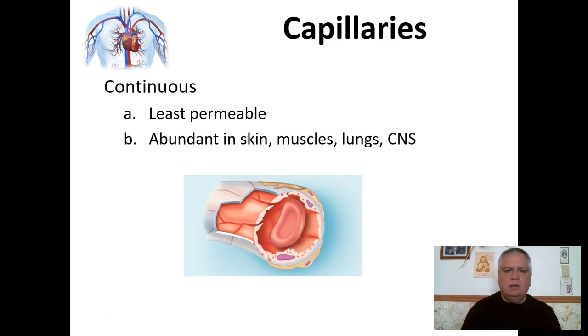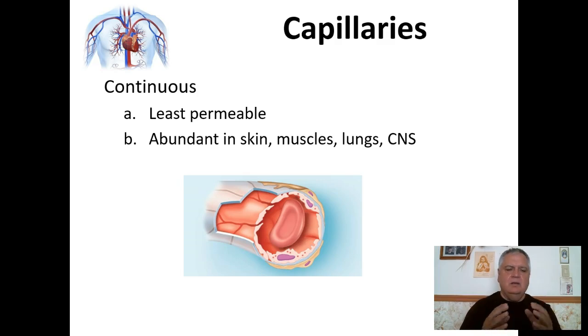They are very abundant in the skin, in the muscles, in the lungs, and in the central nervous system. Whenever we take a look at continuous capillaries, the reason why they're called continuous is because there are very few gaps between cells.